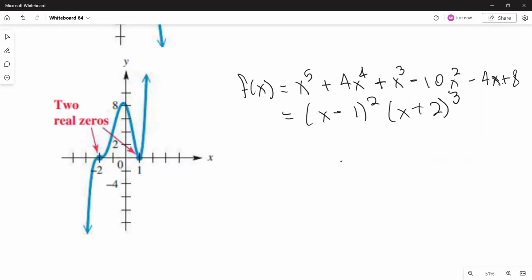You can see from the graph that it has two real zeros. But at (-2, 0), the graph behaves like the graph of x to the third power. As it approaches (-2, 0), it levels off and then starts increasing again. And at (1, 0), it behaves like x squared. So it touches the axis but doesn't cross it. So the graph has real zeros at -2 and 1.